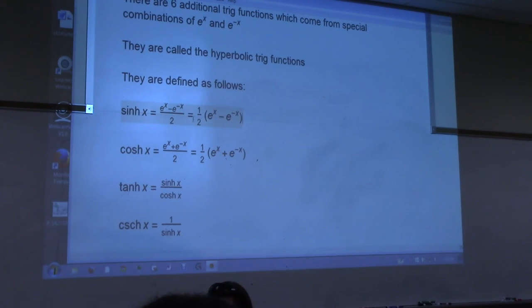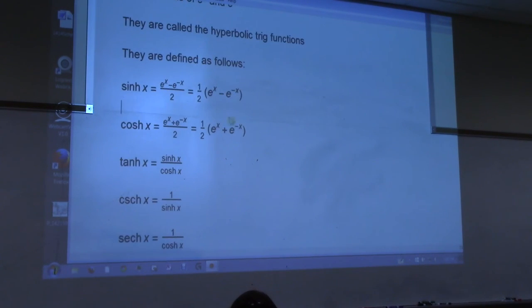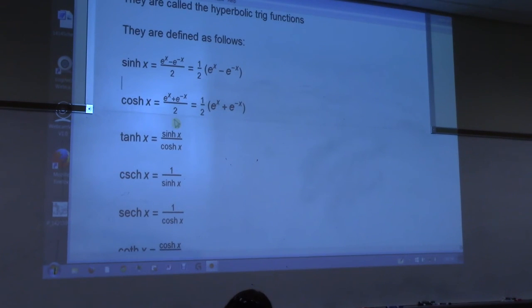Or you could take the 2 off the bottom and pull it out in front and write 1/2 times e to the x minus e to the negative x. I believe in your notes I did not include that in blue, so that's something you could add on there. Either way, you can look at hyperbolic sine as one of these two expressions. Now, the only difference between that and cosine hyperbolic is what? There's a plus between the two parent functions, those two e functions.